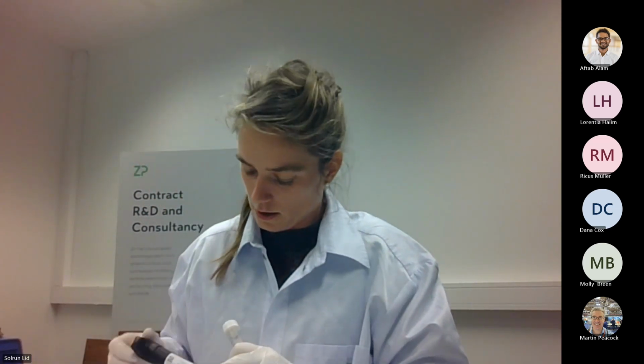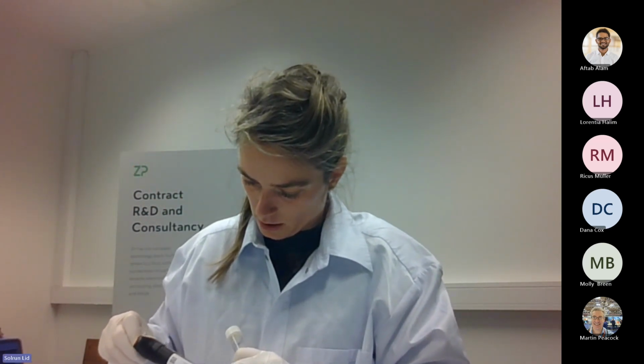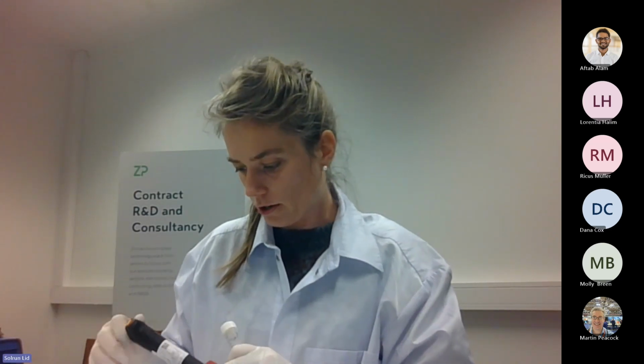So what I will do then, is I'll get a vial like this, and then I have a chili buffer, and I will add 4 milliliters and 950 microliters of the chili buffer.